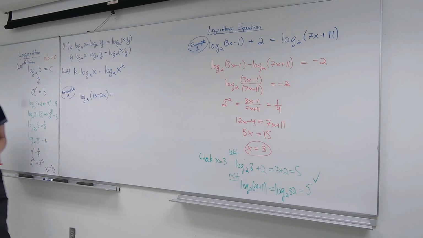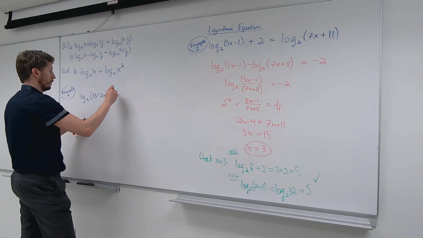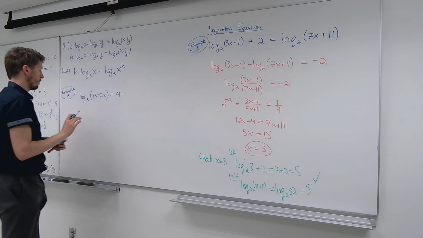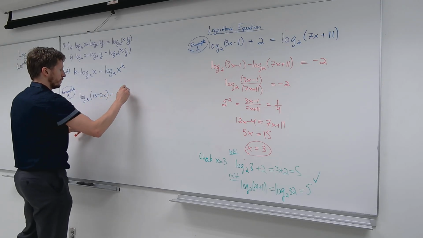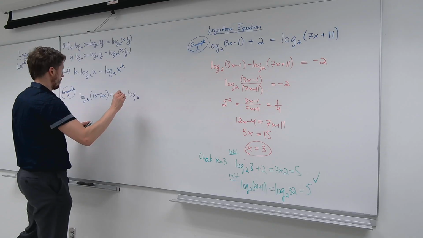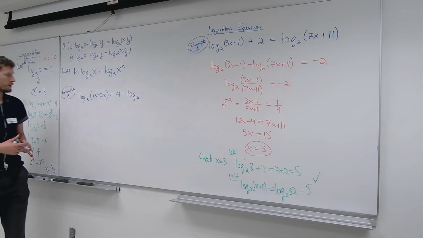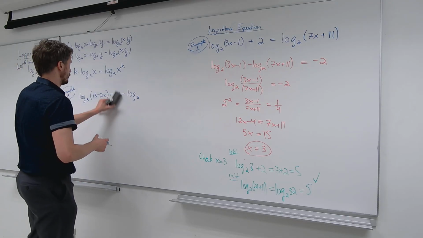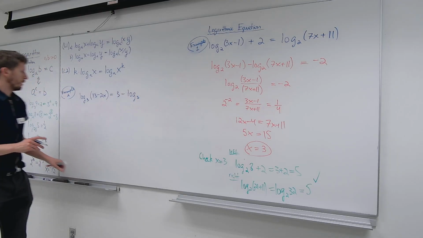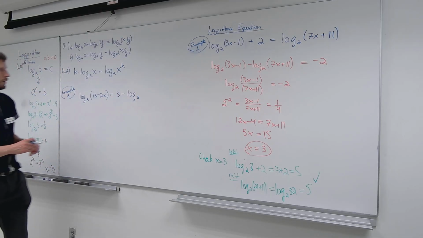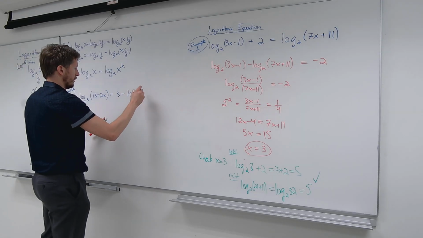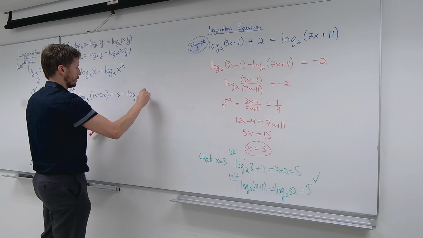So we have this, is equal to. Let's do 4 minus log 3. All right, so we kind of did a little problem here. So let's do 3 minus log 3, and I just keep it like 2x minus 1.